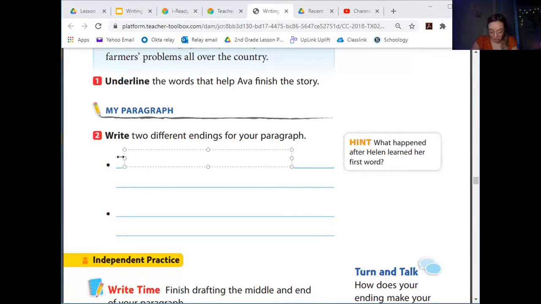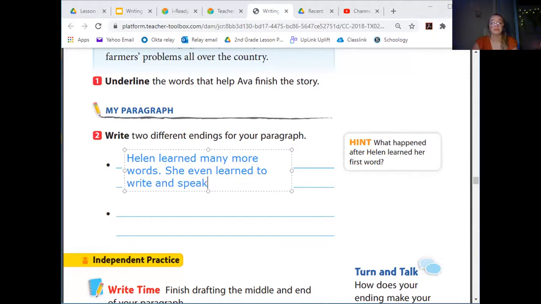One ending I could write is Helen learned many more words. She even learned to write and speak. All right, that tells us what happened after she learned her first word, and it tells us what happened as time went on, kind of like Ava did, which helps us feel like the story has come to an end.